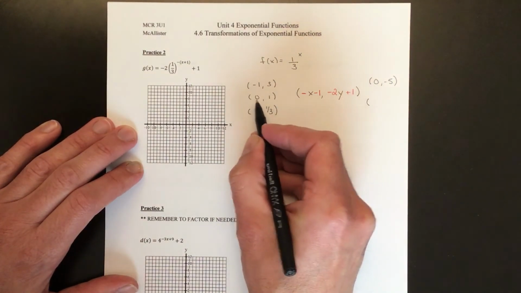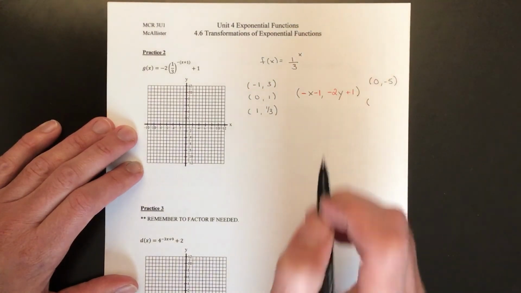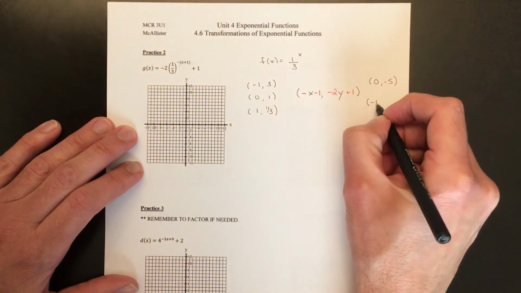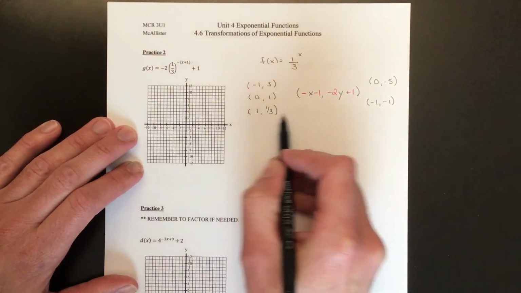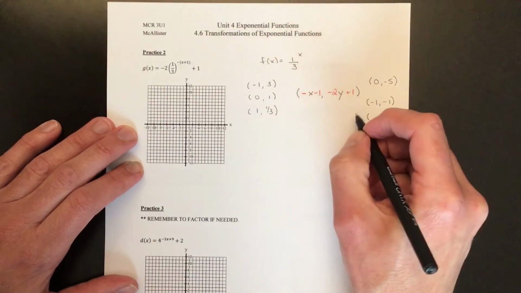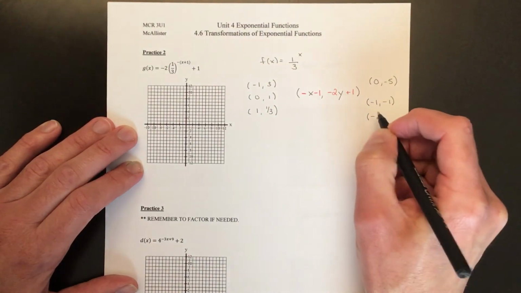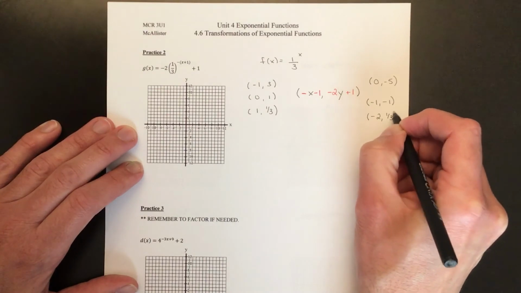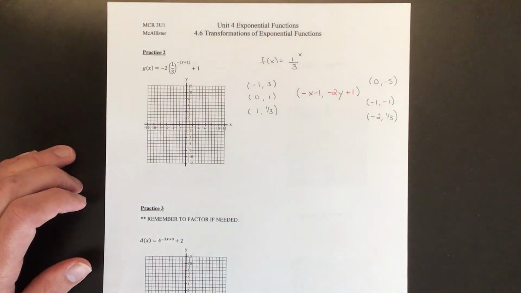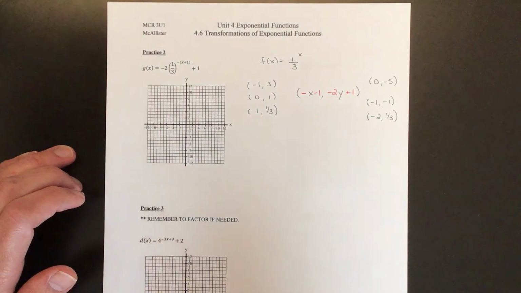Do the same thing for the next one. Sub 0 in for x, sub 1 in for y. We end up with -1, -1. And for the last point, we get -2 and +1/3. So we have our points to plot.